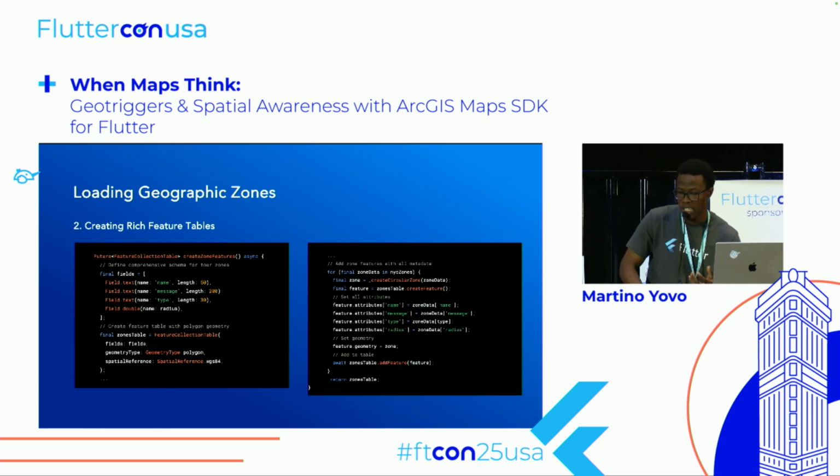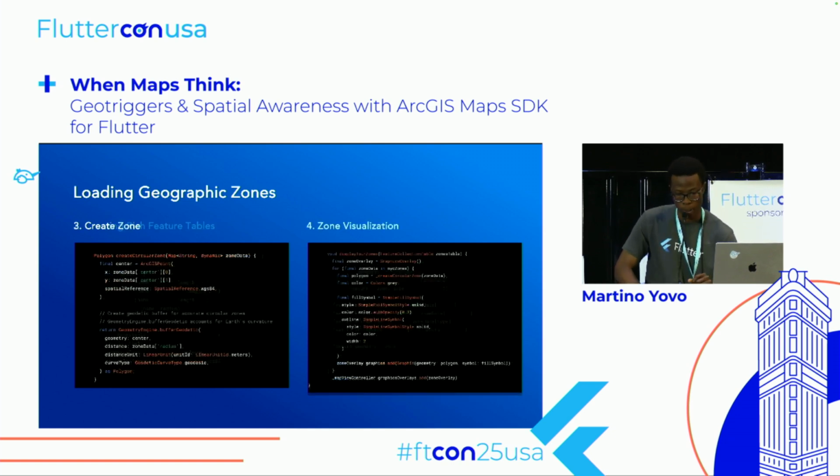After that, you will define the geometry type, so is it polygon or polyline and so forth, and add also a spatial reference. Now after that, you can create the zone. On the second snippet, you can see how I create a zone, and this is for a circular zone. I'll show the code later on, and you can see how it looks.